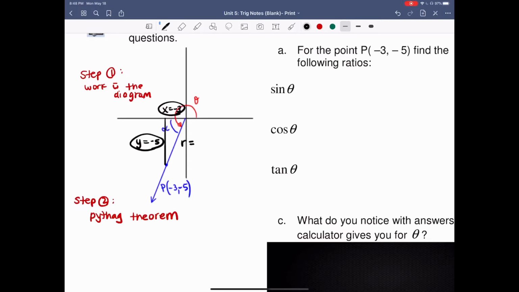We don't know what the radius is, and the radius will always be a positive number, because you're adding the sum of two squares and square rooting it to get the radius. So you'll always get a positive for the radius.